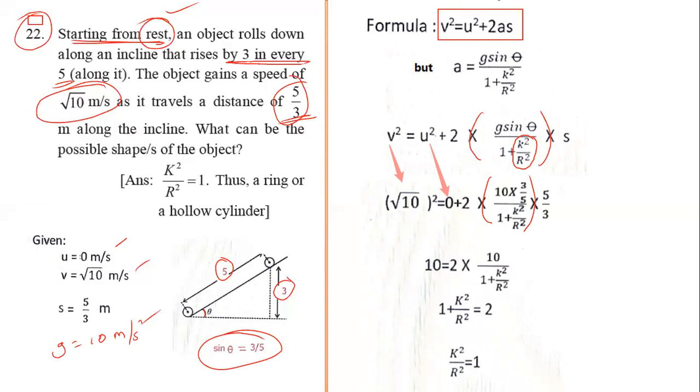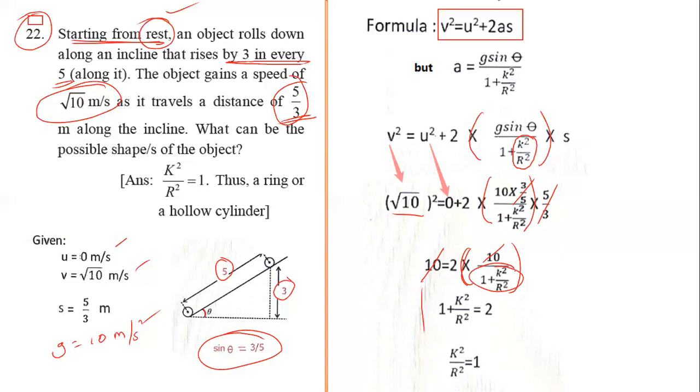This 5 by 3 and this 3 by 5 get cancelled. So 2 into this 10. So here 10 upon 1 plus k² by r² is equal to root 10 squared, which is 10. So this 10 gets cancelled. This 1 plus k² by r² we can transfer to this side.